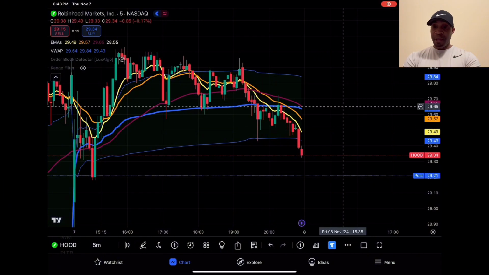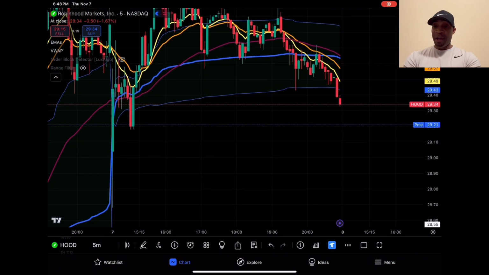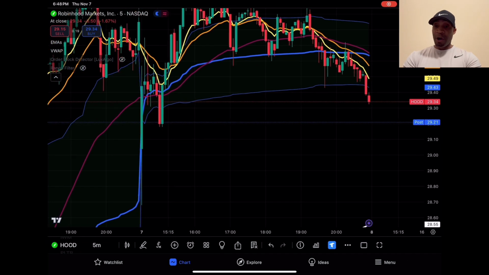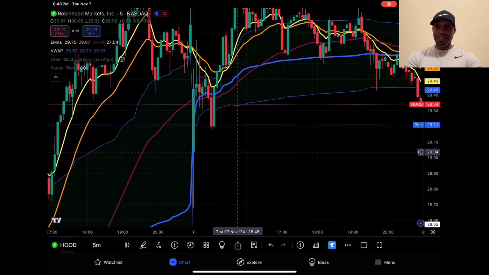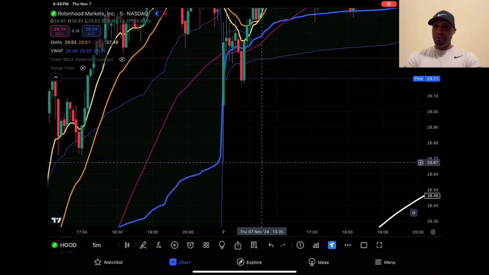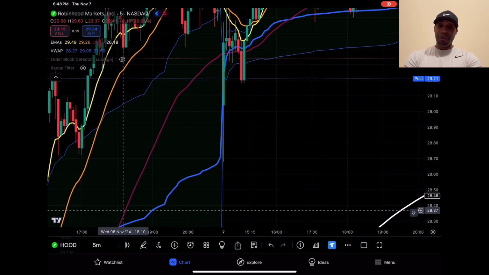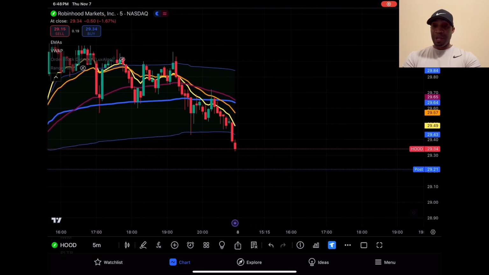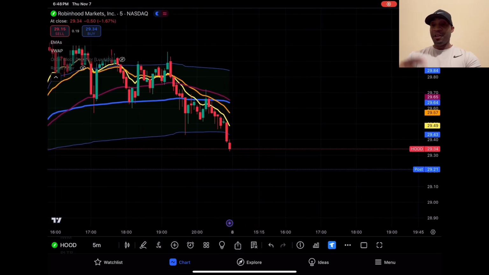They break through that, you got 29.70 on deck and to the higher stuff. If you are a bear, you want to see this level right here get taken out, 29.05. They can break through that, boom, you coming down to 28.70. There you go. There you are, a few levels in a ticker that you can make money.